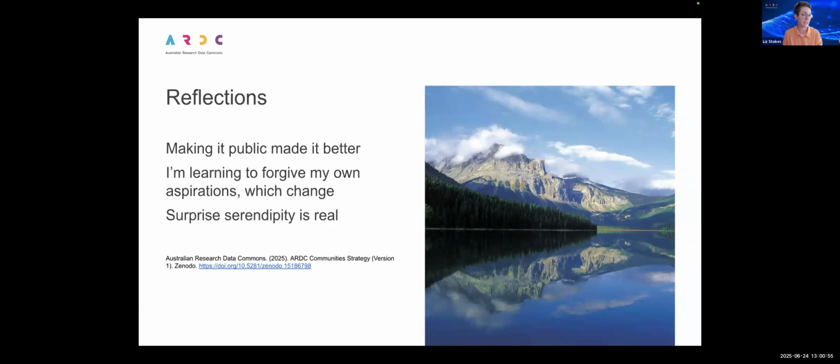And finally, I'm pleased to share that surprise serendipity is real, it's a thing. Leslie saw early on that this work might be valuable for the ESIP clusters. ESIP stands for the Earth Science Information Partners.